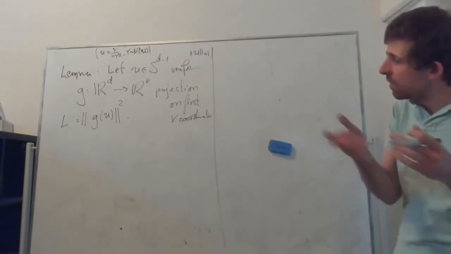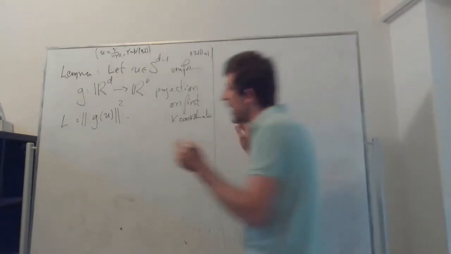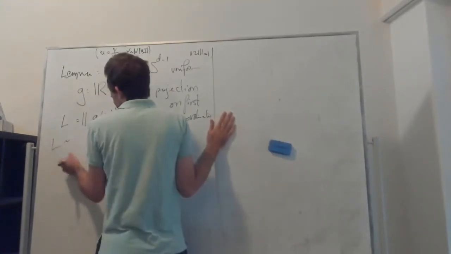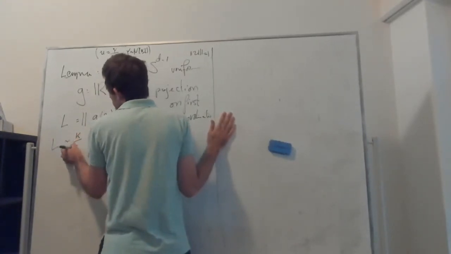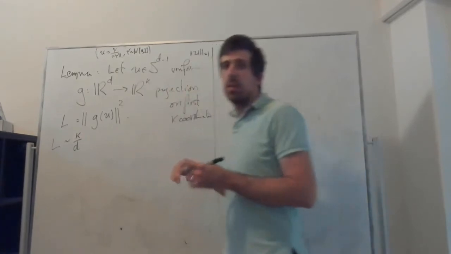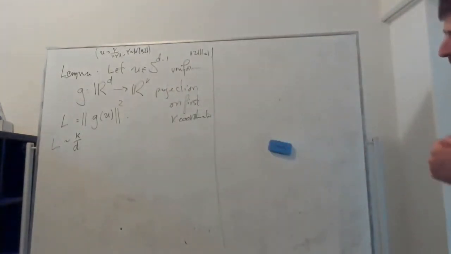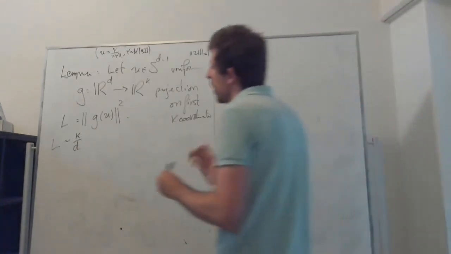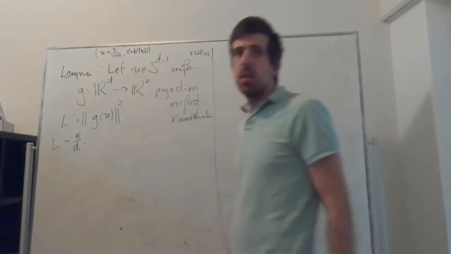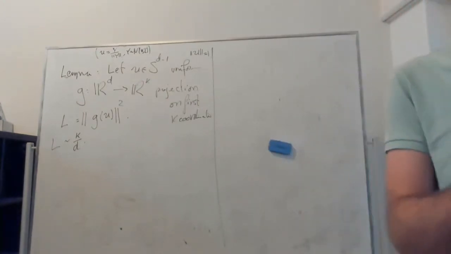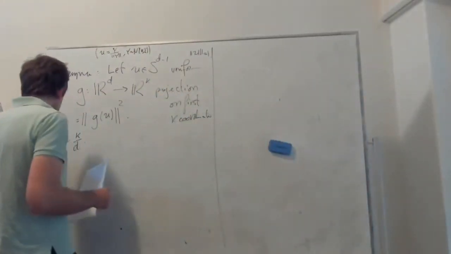So we expect that L should be very concentrated around roughly k over d. The square of each entry should be roughly 1 over d. So we expect that this random variable should concentrate very well around k over d. And this concentration of measure inequality just tells you how much it concentrates around. So I'll write it here.